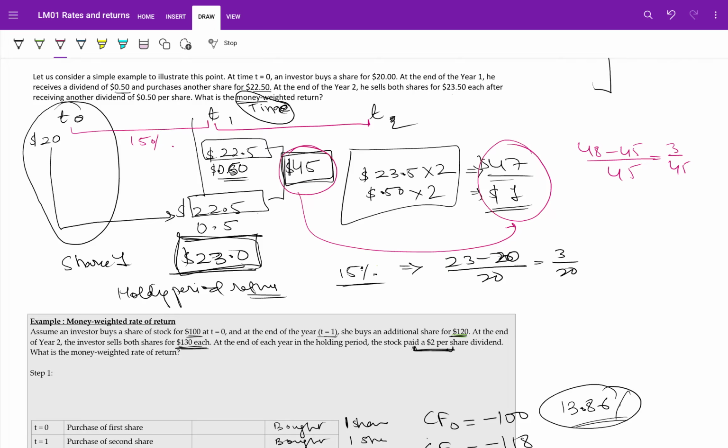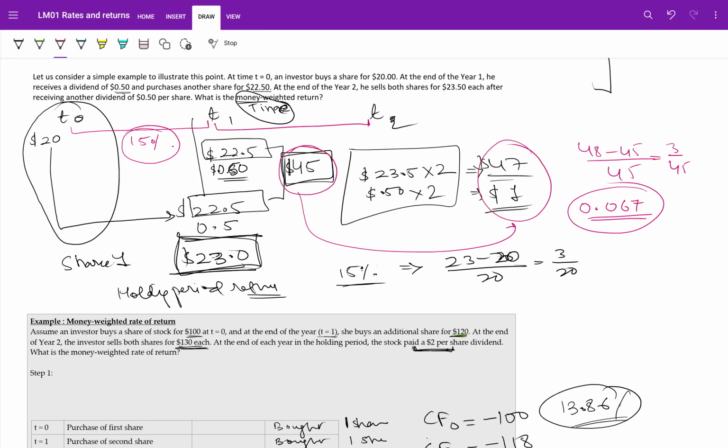Let me quickly calculate this. 3 divided by 45 gives a holding period return of 6.7%, 0.067. So this is my 15% and this is my 6.7%.